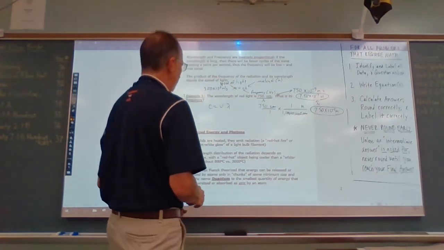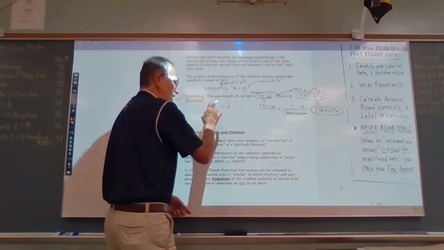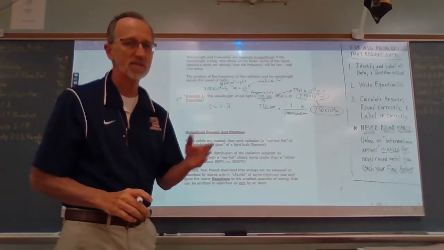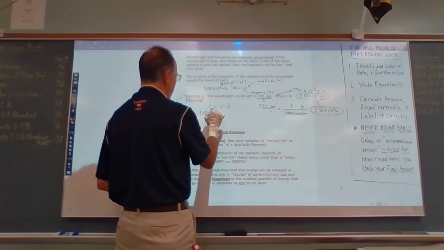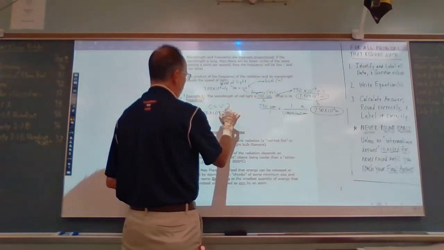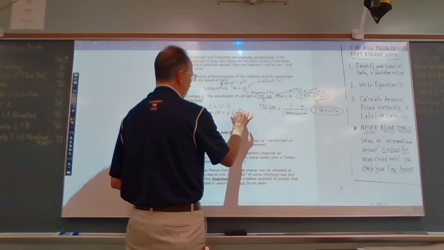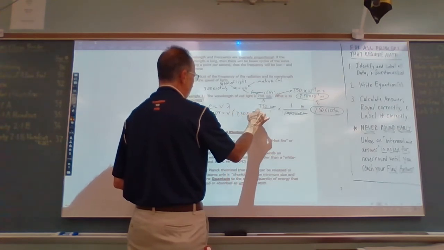Now let's plug it in the equation. Because the speed of light is in meters per second, the wavelength's got to be in meters. So we have 3.00 times 10 to the 8th equals frequency times 7.50 times 10 to the minus 7.